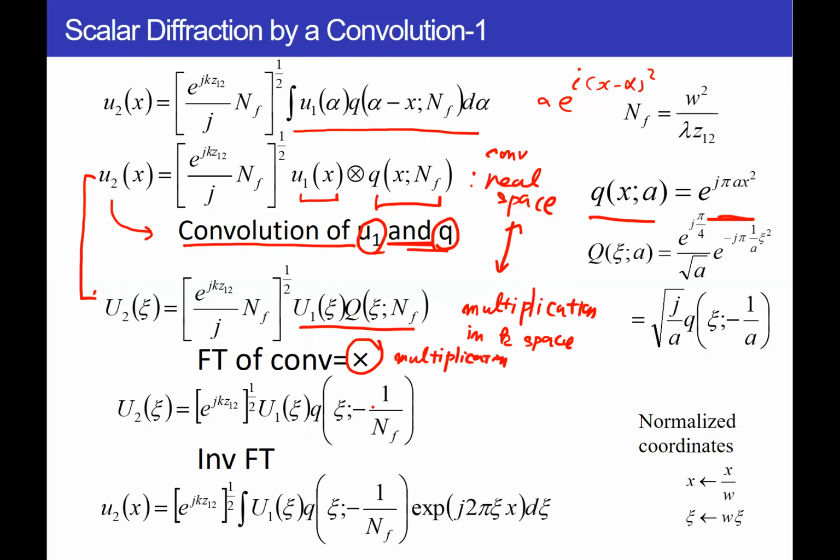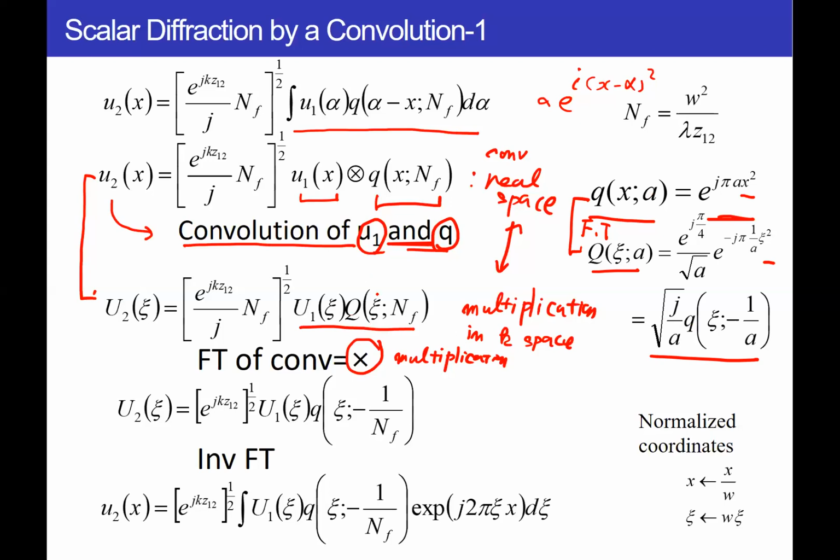And then for the case of this quadratic phase, if you look at it, you can see that it is a Gaussian with a certain coefficient. And luckily, the Fourier transformation of a Gaussian is also a Gaussian. Of course, the coefficient would be changed like this, okay? So the Fourier transformation is also a quadratic phase, Q, okay?